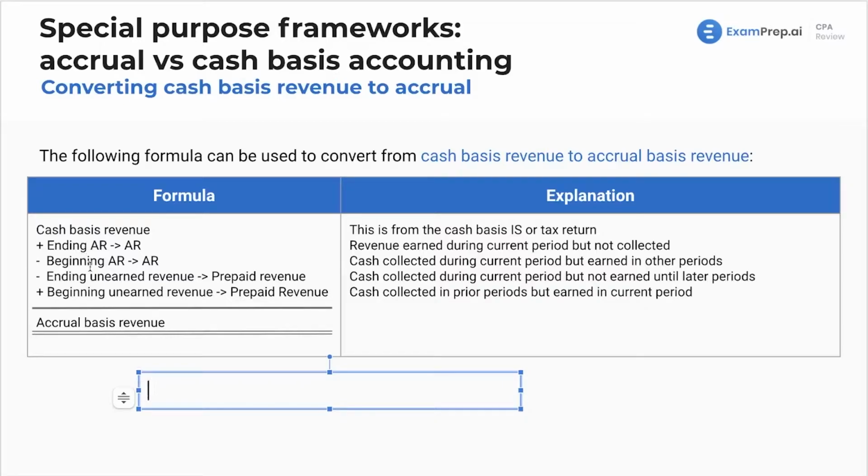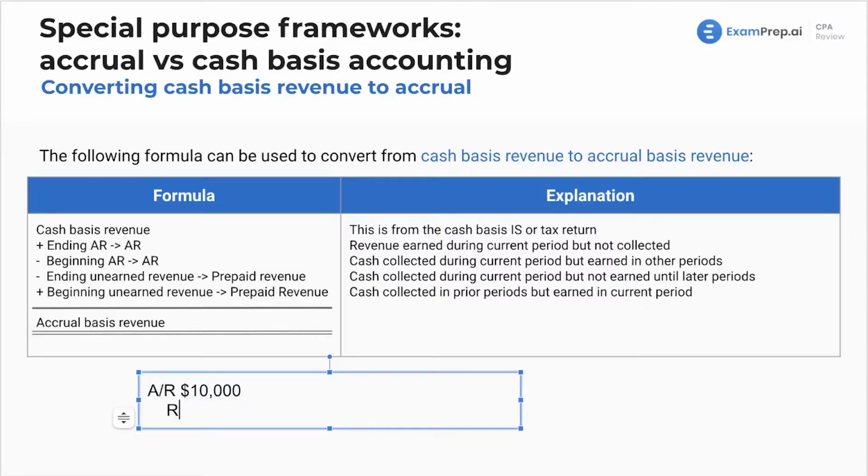So if we're going from cash basis to accrual basis, think of our AR and unearned revenue and prepaid revenue journal entries. If AR is going to go up, right? So let's say overall the net effect is, we've got AR of $10,000 and then revenue of $10,000.